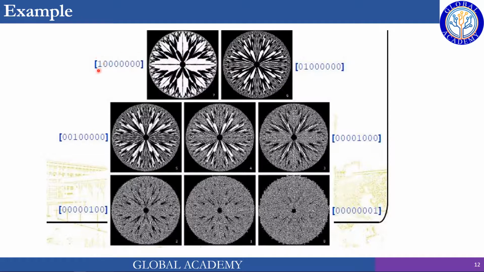So we get this image. This is called the most significant bit plane, and this is the next significant bit plane, like the 7th bit, and this is the 6th bit, 5th bit, 4th bit, 3rd most significant bit, 2nd, and this is the least significant bit plane.